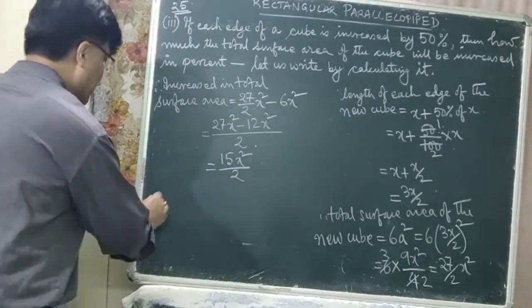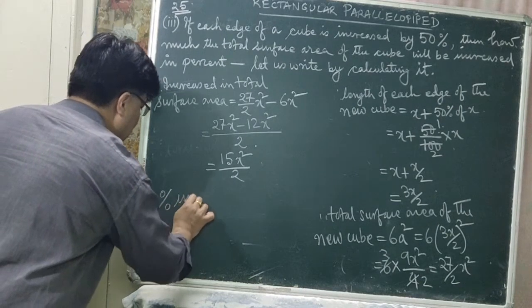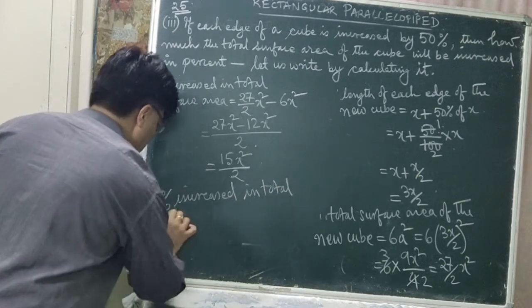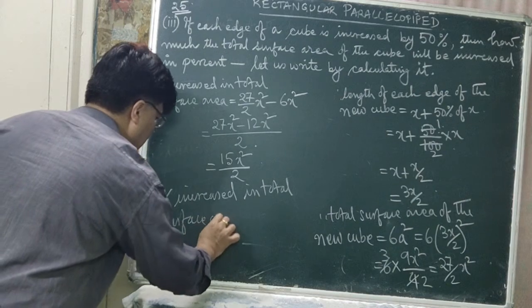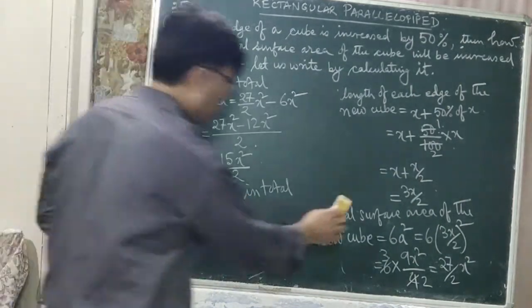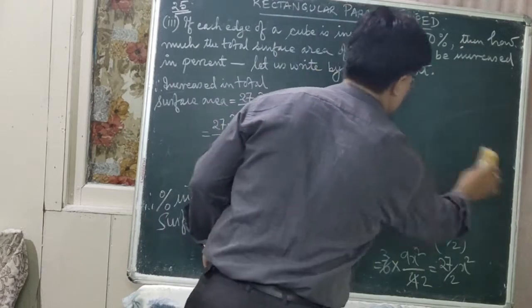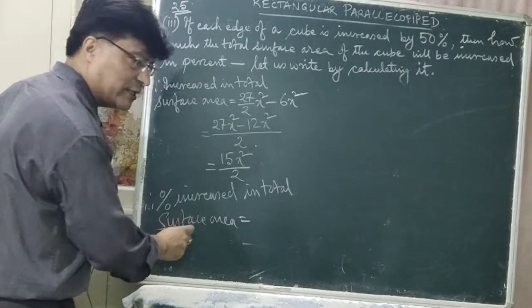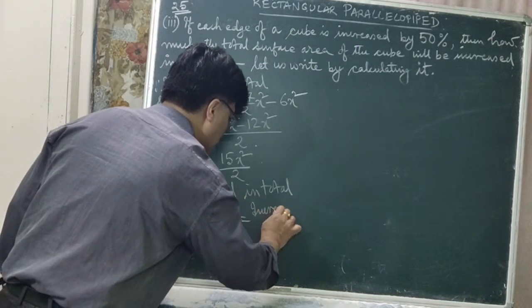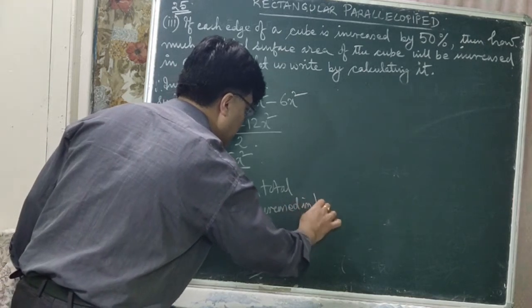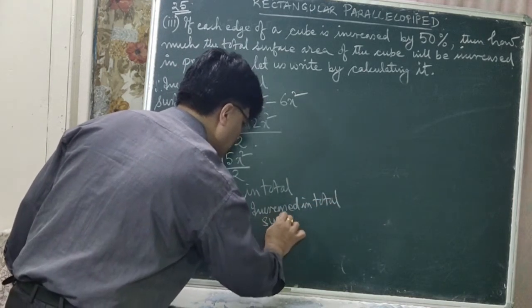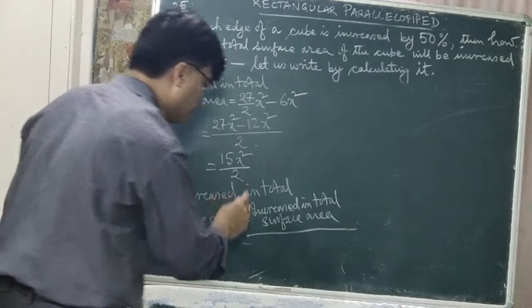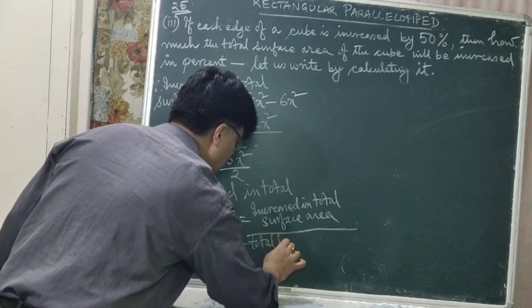Okay? So let us write, therefore percentage increased in total surface area is equal to, there is a formula. What is that formula? You should remember this formula. How to remember it: percentage increase in total surface area is equal to increased in total surface area, this is the actual increase in total surface area, divided by total surface area of the original cube.